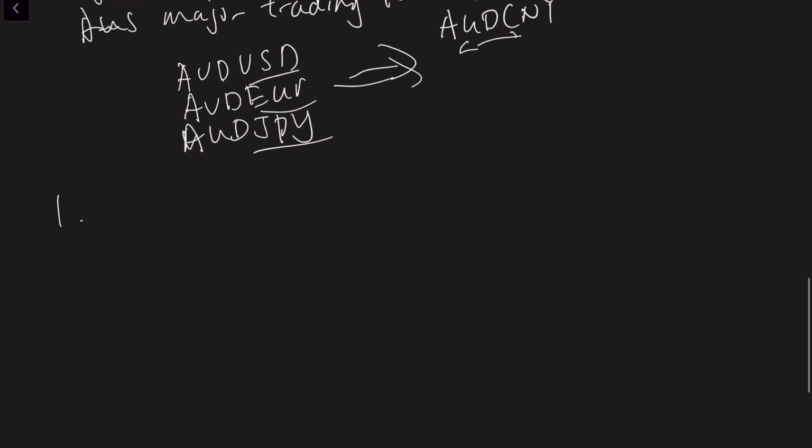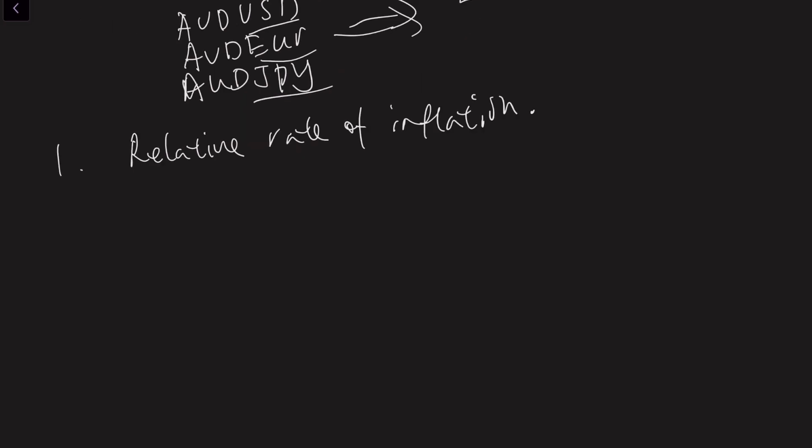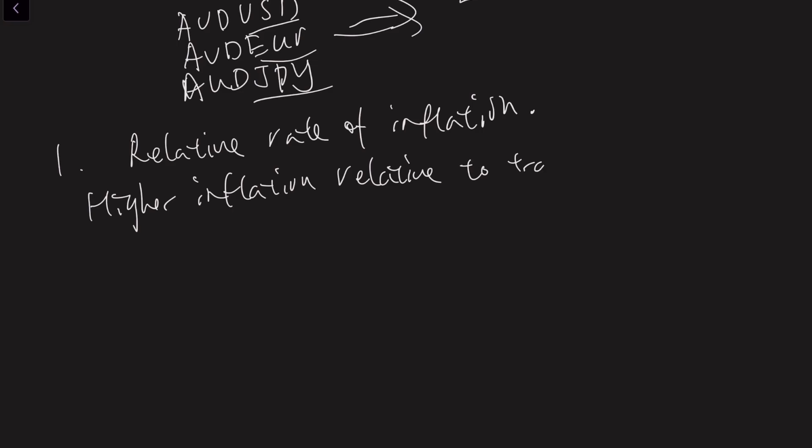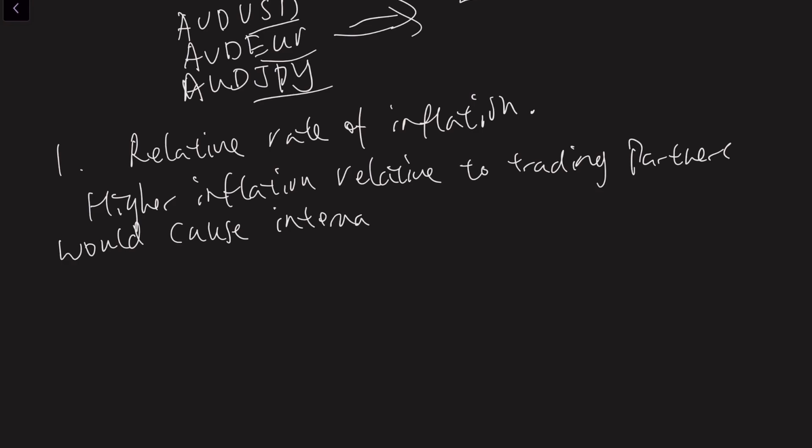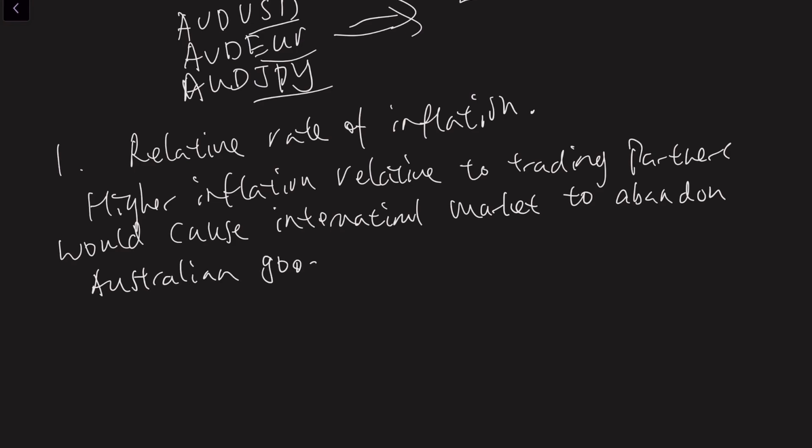So the first factor is the relative inflation rate. Higher inflation relative to trading partners will cause the international market to abandon Australian goods.